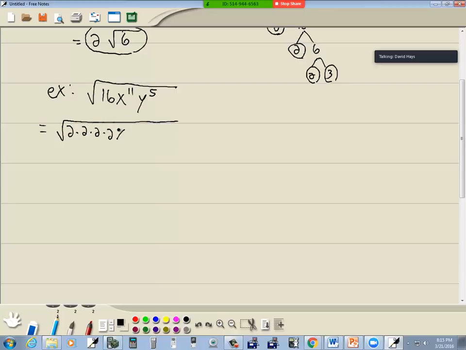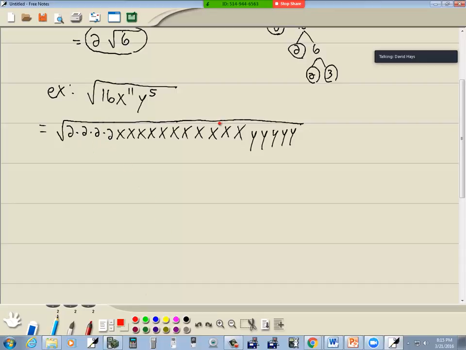X to the 11th, we've got 11 x's. And y to the 5th, we've got 5 y's. You can obviously see a problem right here. If this had been 110, I wouldn't want to write out 110 x's. But we'll get to that in a minute.